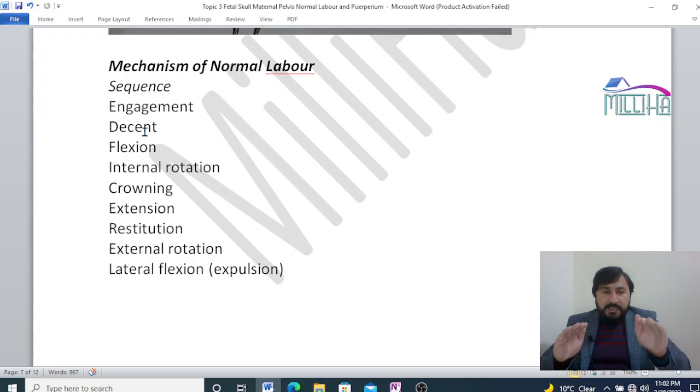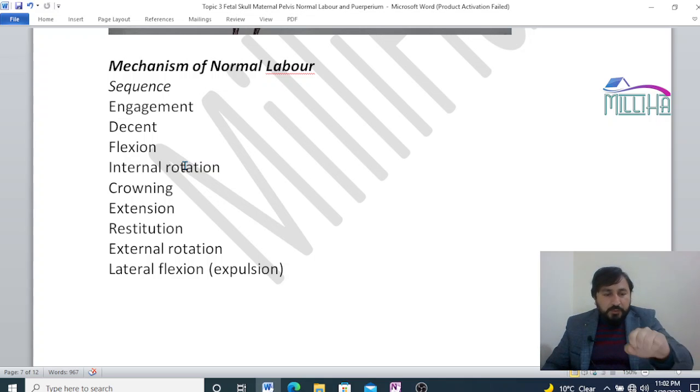After engagement, the head starts to descend slowly. That is called descent. After a little descent, the head flexes. This is extension, but this is flexion. After flexion, it goes through internal rotation to negotiate with the anatomy of the inlet and the pelvis, so it can pass out.